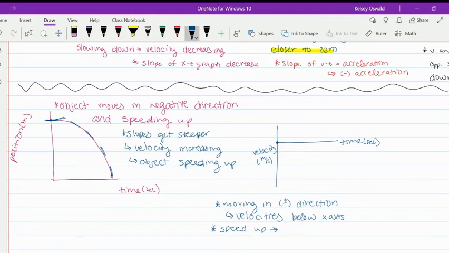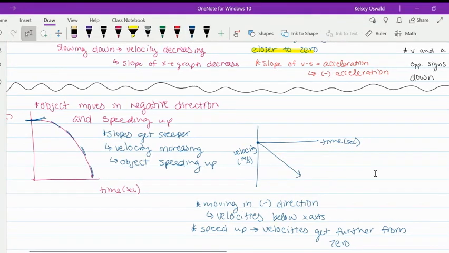So if we speed up, that means our velocities are going to get further from 0.